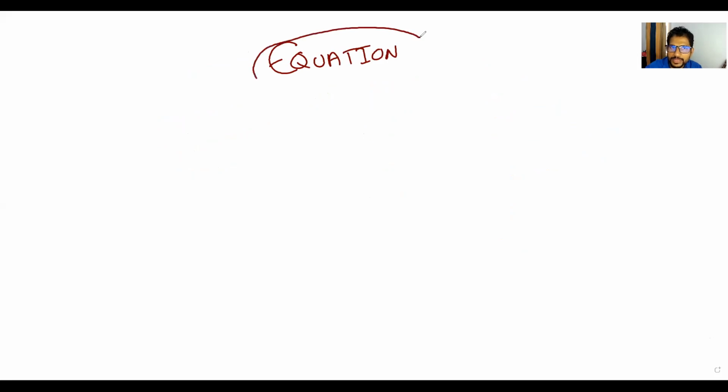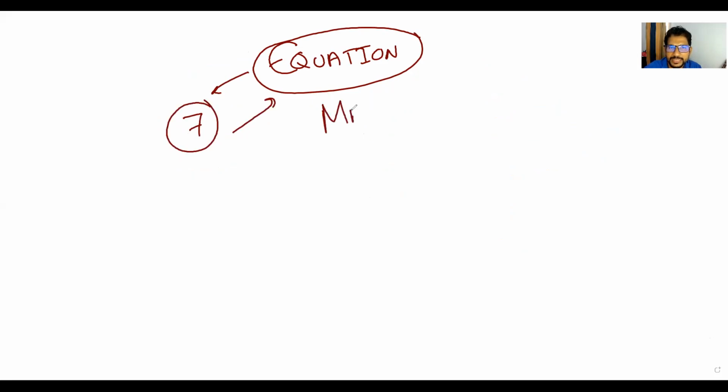I think since grade 7, you have come across a number of equations in mathematics. Am I correct? Simply, an equation is a statement with two sides, where it says that the two sides are identical, equal.